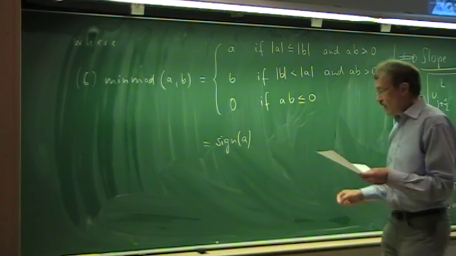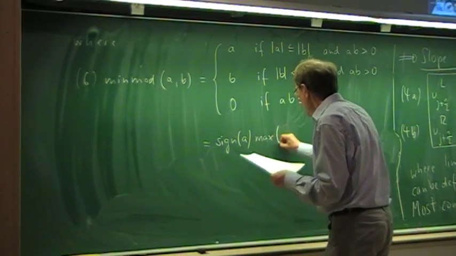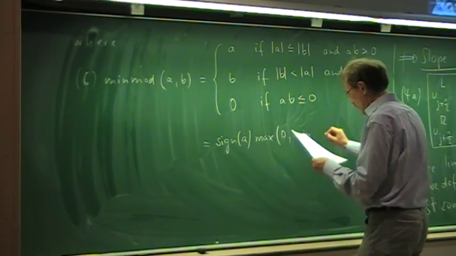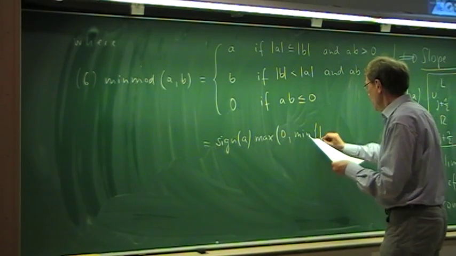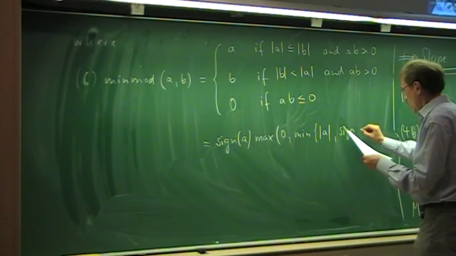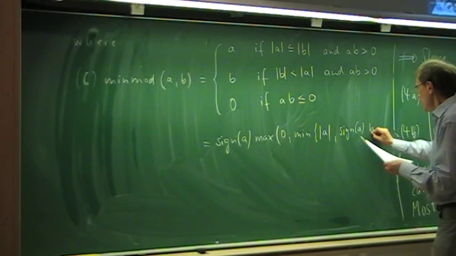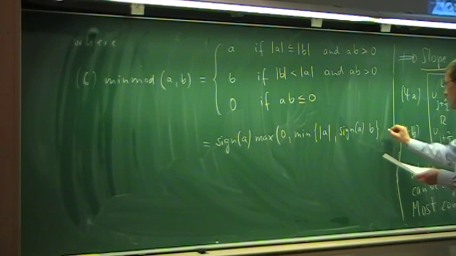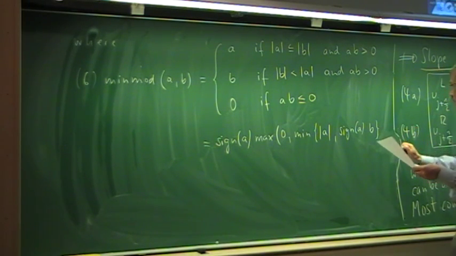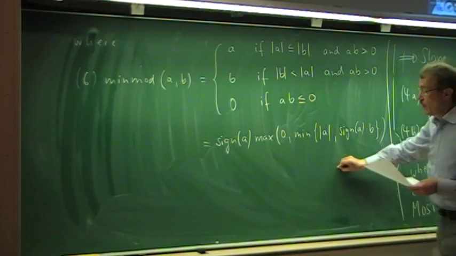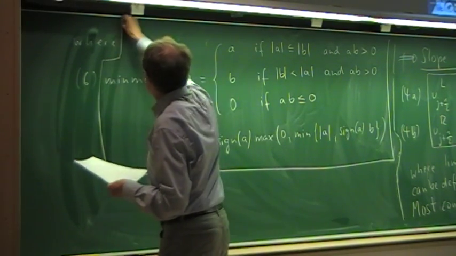You take the sign of A and multiply by the maximum of 0, the minimum of the following: the absolute value of A and the sign of A times B. So of these two, you take the minimum, and then the maximum. Okay, so that would be then the definition of the Minmod limiter.